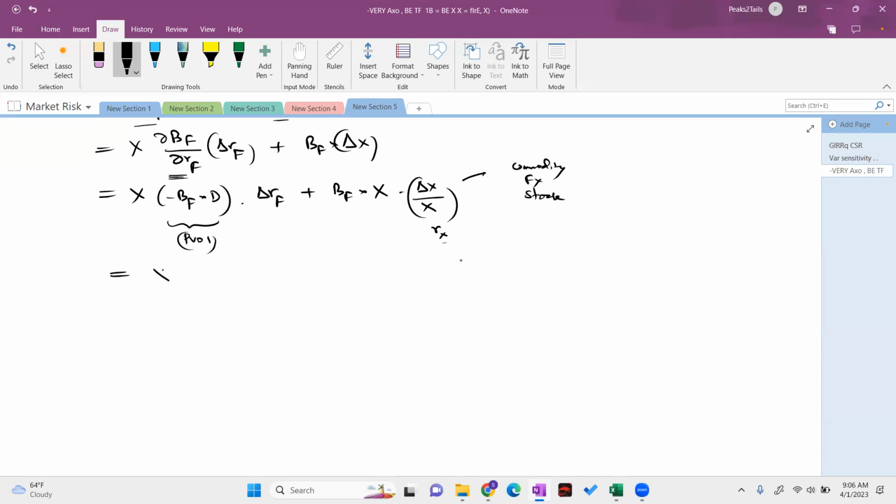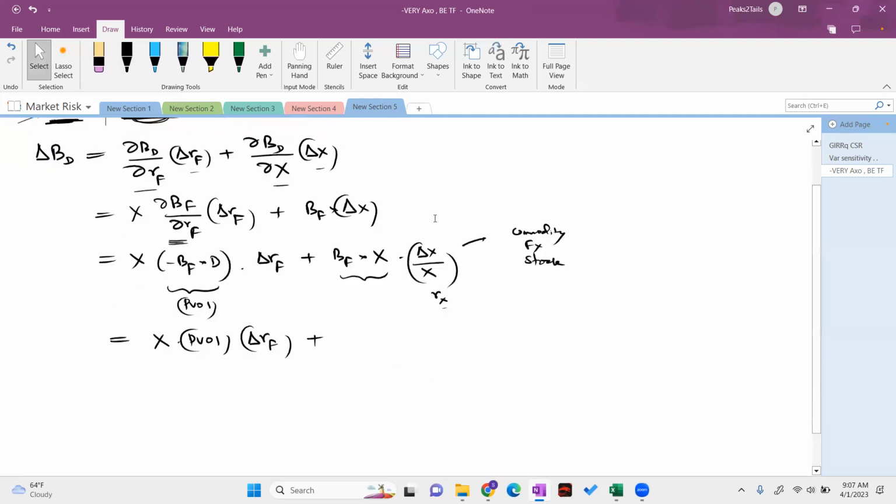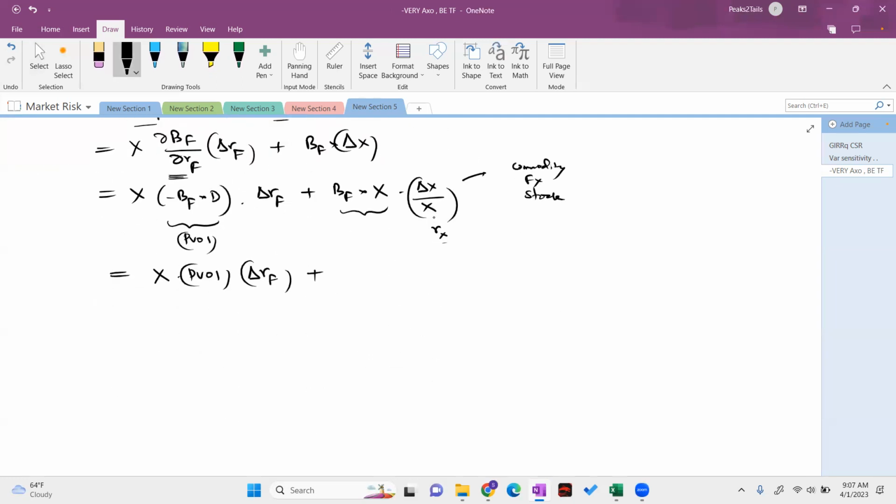So finally, this becomes X times PV01 delta RF plus BF times X. What is BF times X? That is what we had earlier, right? That is the value of the bond in domestic currency, times a return on exchange rate.